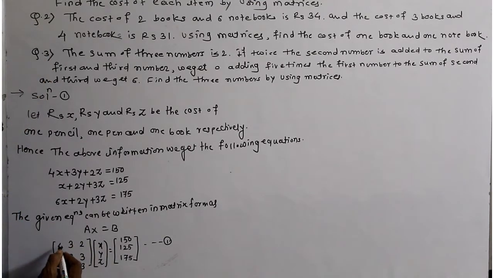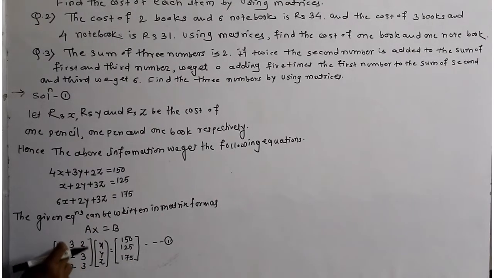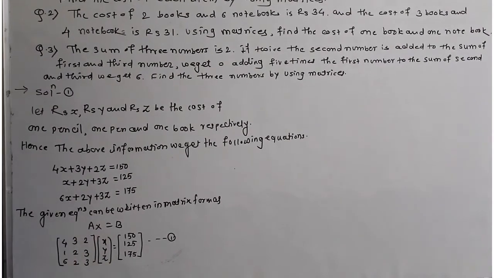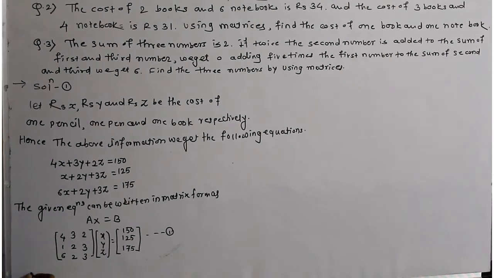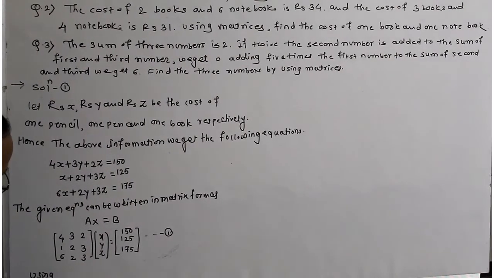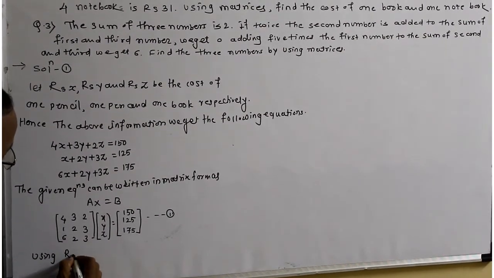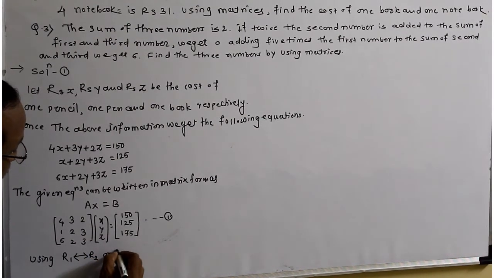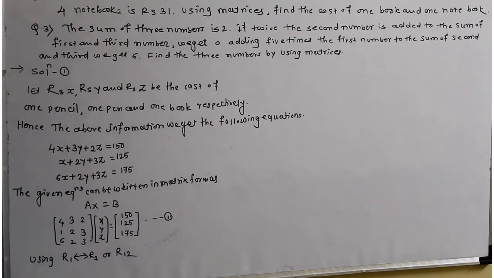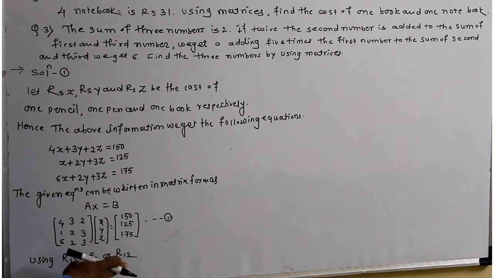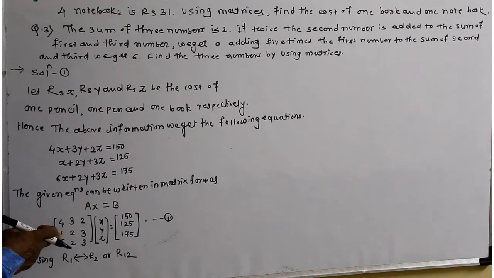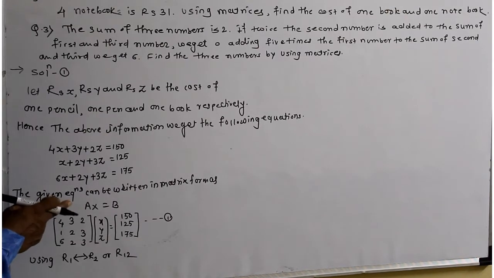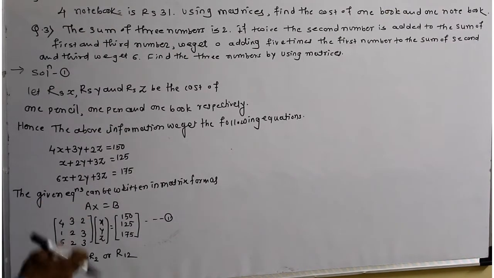So first to make this 1 here, how to make 1 here? By using the operation R1 implies R2, or R12. So what is the meaning of R12? Interchange the first row and the second row.